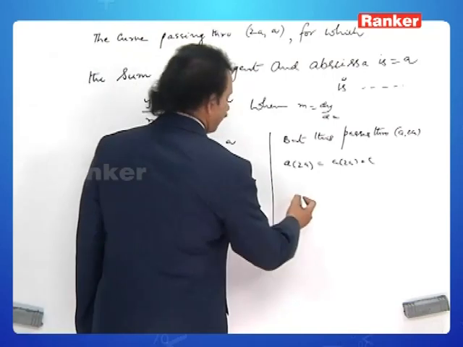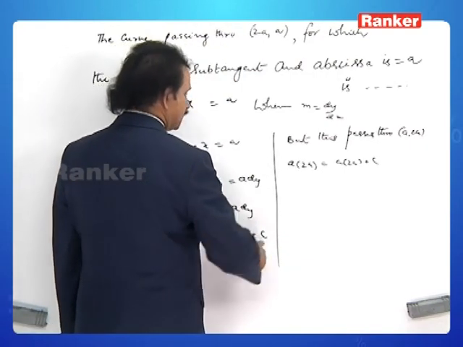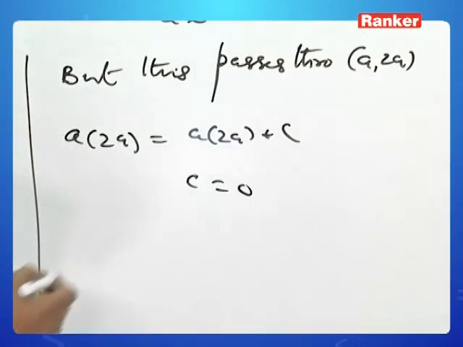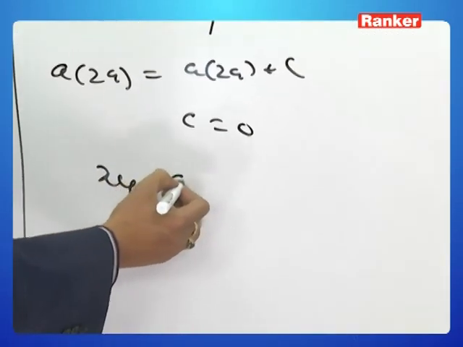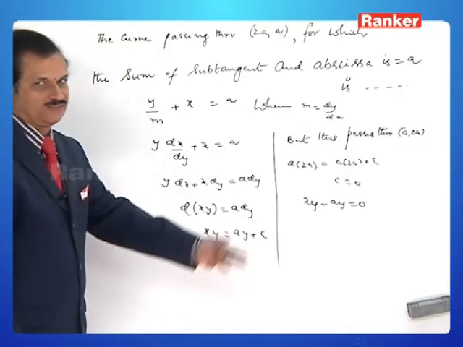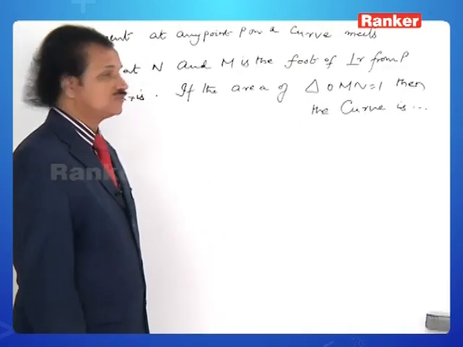Isn't it? So that c is equal to 0. Hence the curve is xy minus ay is equal to 0, or y into (x minus y) is equal to 0 is the curve. Another beautiful problem is waiting for us.